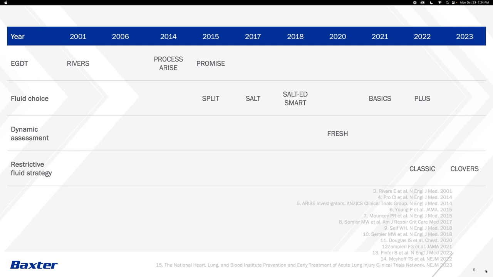Let's talk about PLUS. So again, they were comparing normal saline with Plasma-Lyte. Their conclusion with that was similar to the others, that there was no impact to mortality. But again, 54% of the patients in the Plasma-Lyte group had received normal saline prior to randomization. So I think drilling down to those secondary analyses so that we can really see how the patients were randomized and the fluid that they got prior to that randomization is very critically important, because balanced solutions can help.